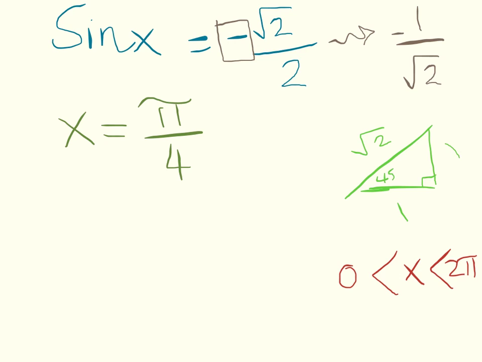This is my reference angle. So I'll use a dash like that to represent that this is not x, but I'm using pi over 4 to figure out my x. This is x prime or theta prime if we're using theta. It's just the reference angle.